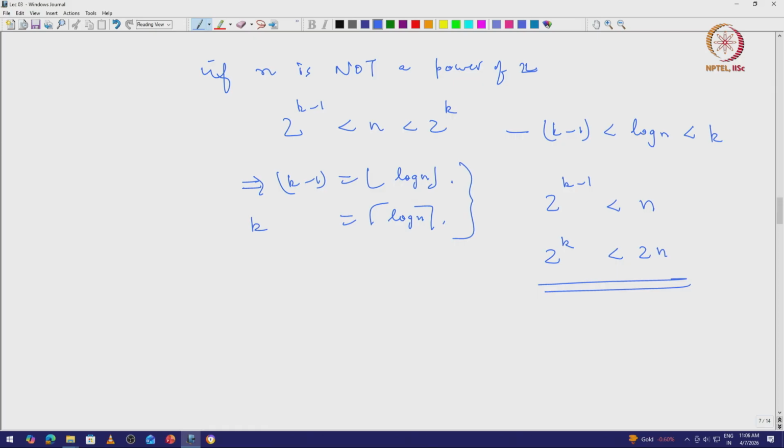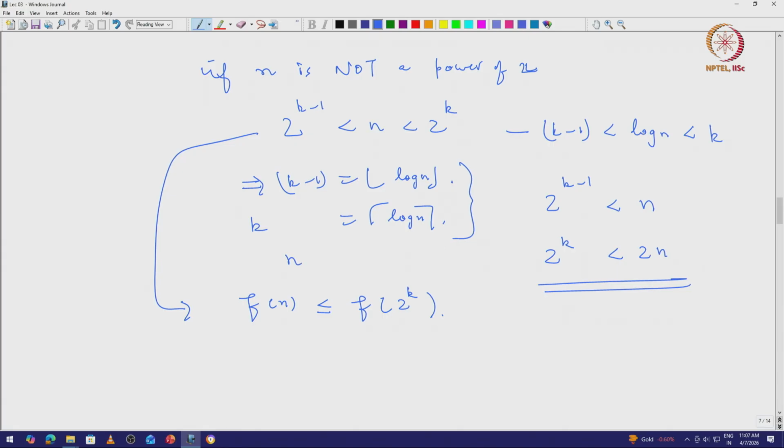Now, what we have is the following. Because of this, f of n is less than or equal to f of 2 power k. Why?